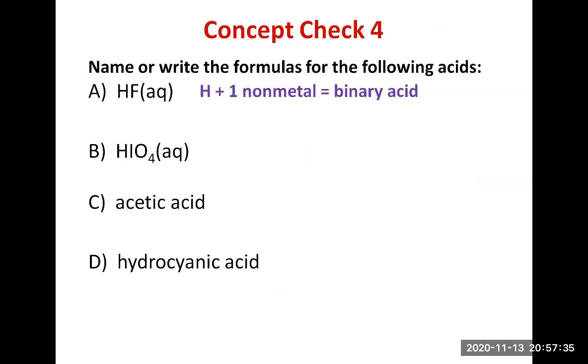So you will need to use the prefix hydro in front of the root of the nonmetal name. Fluorine is the fluor root. So hydro, fluor, and you place the ending -ic: hydrofluoric acid. So HF is hydrofluoric acid.